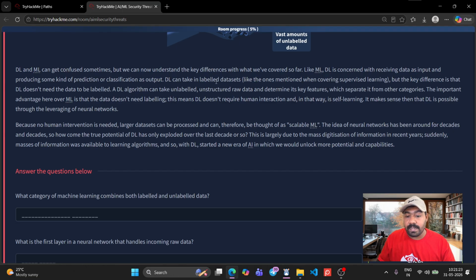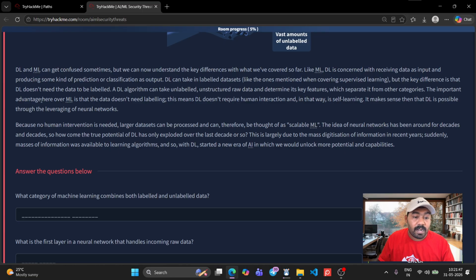DL can take labeled data like the kind mentioned when covering supervised learning, but the key difference is that DL doesn't need the data to be labeled. A DL algorithm can take unlabeled, unstructured raw data and determine its key features, which separate it from other categories.